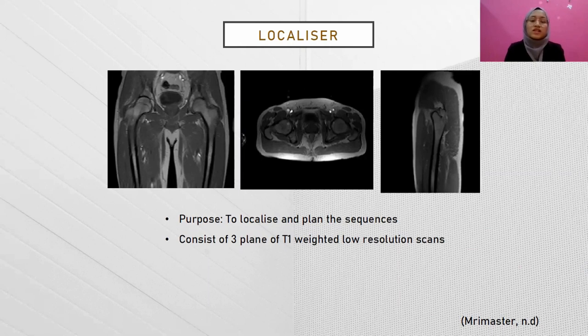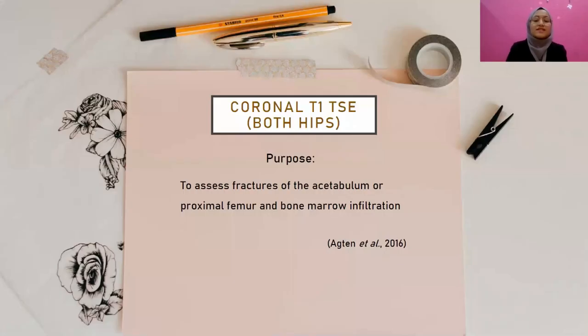Because T1 weighted is very good to demonstrate and visualize the outline of the anatomy, instead of T2 and PD weighted. So it will be useful for the localizer.